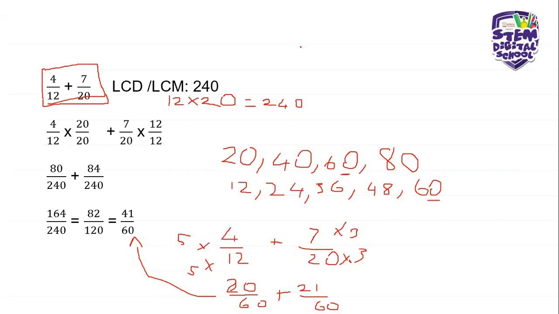Everything. Yes. So, okay. You know why we changed the denominators, right? Yes. Why do we change the denominators? So that it can be easy to multiply. According to addition and subtraction of fractions, why do we change the denominators?